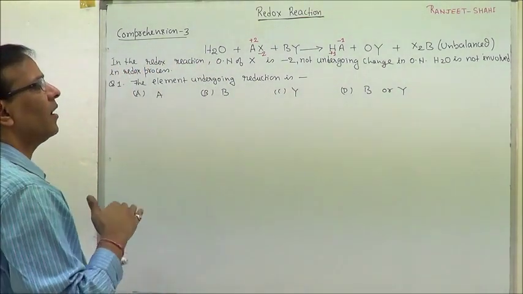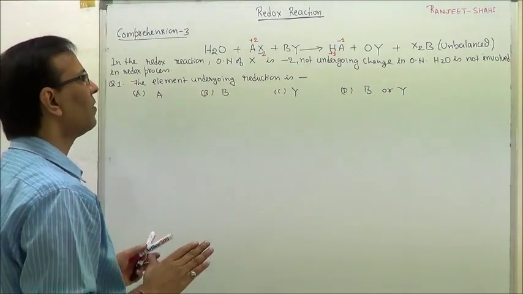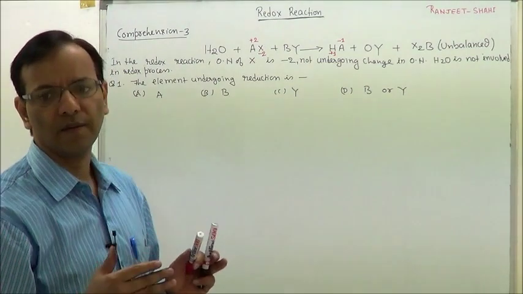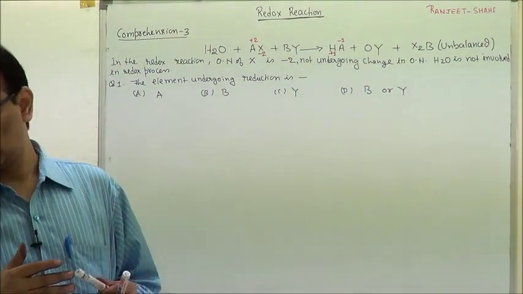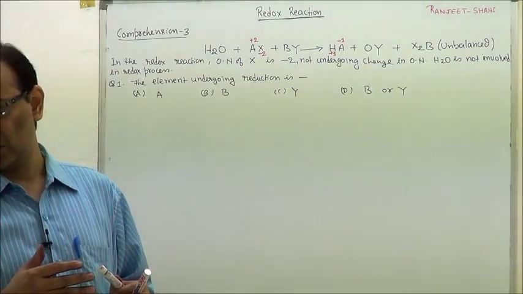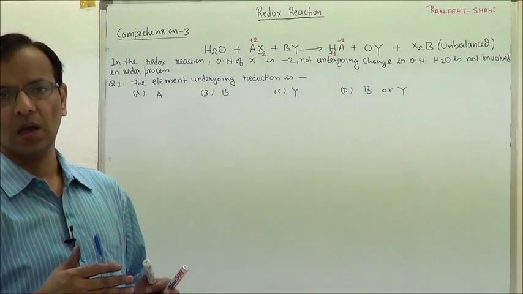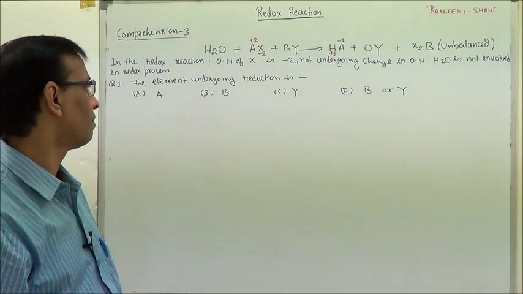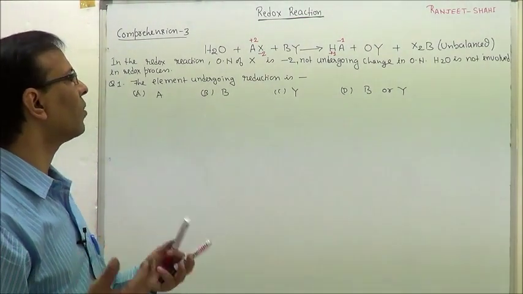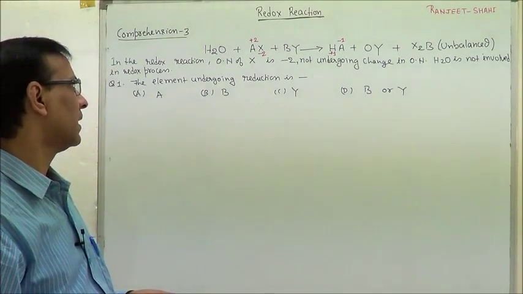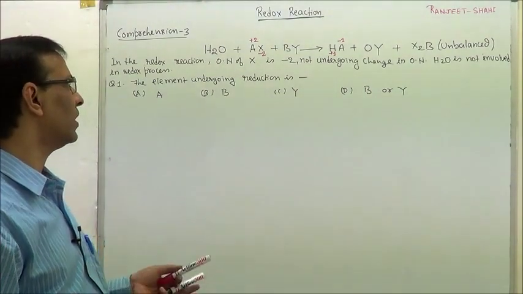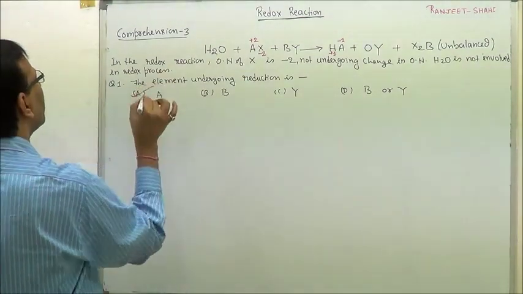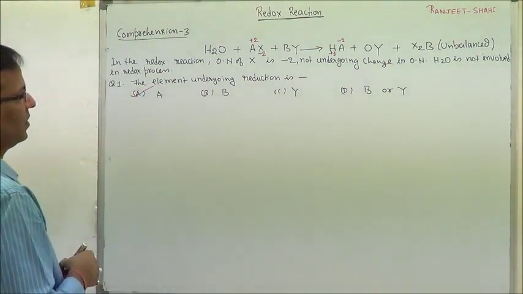So the element undergoing reduction is very obvious that it is A, since oxidation number of A is decreasing from +2 to -1. So A is undergoing a reduction, and therefore AX must be oxidizing agent itself. So the answer of the first question will be A.